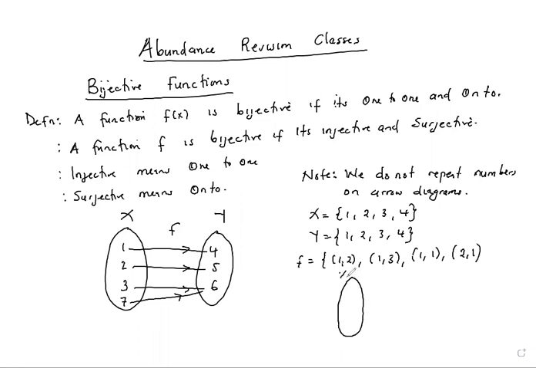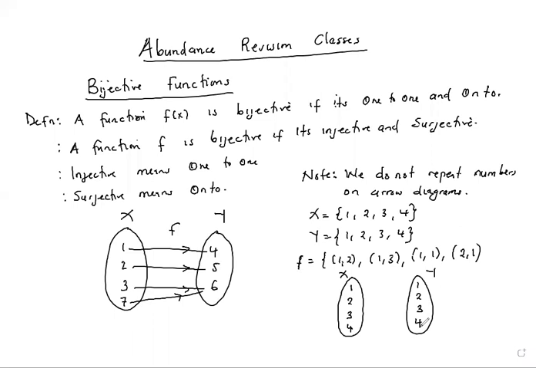First, we put X here. Then we put Y here. Another thing is, before you look at the relationship in F, you first put all the elements of X, 1, 2, 3, 4, and then put all the elements of Y, 1, 2, 3, 4.